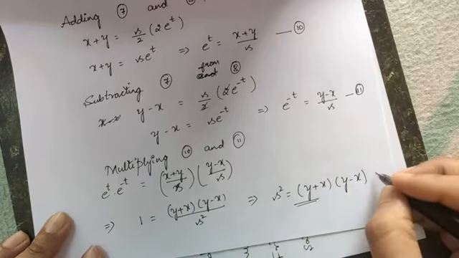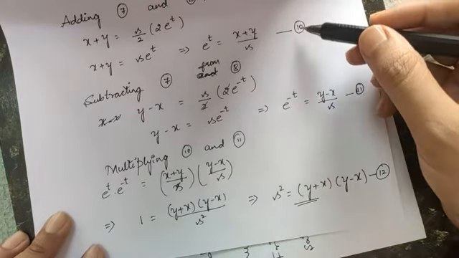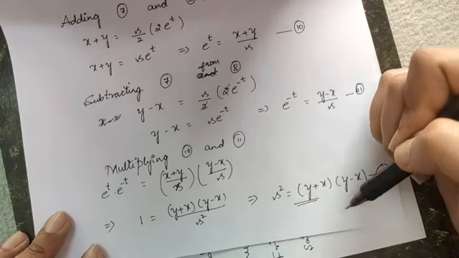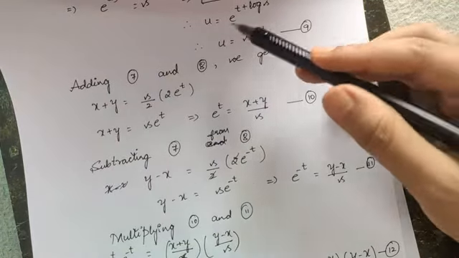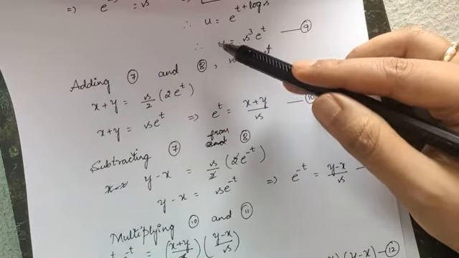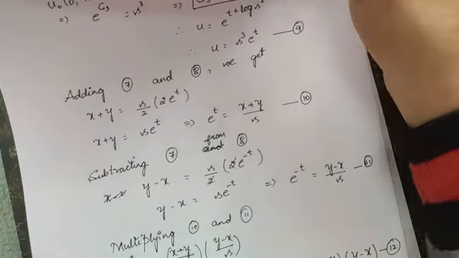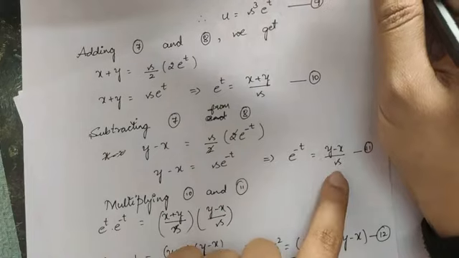So now call this as equation number 12, and now you can substitute your equation number 10 and 12 in your equation number 9, so that you can find out the solution for u, which is independent of s and t. E power t is nothing but y minus x by s.